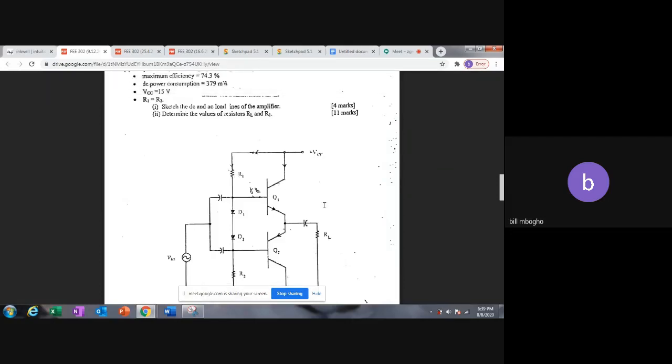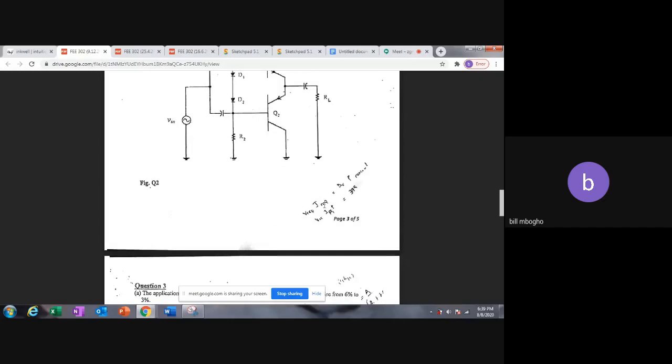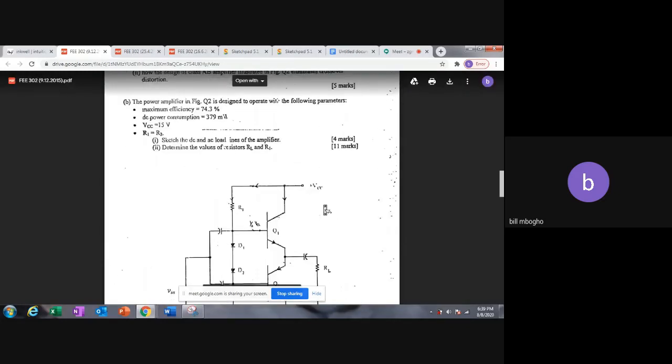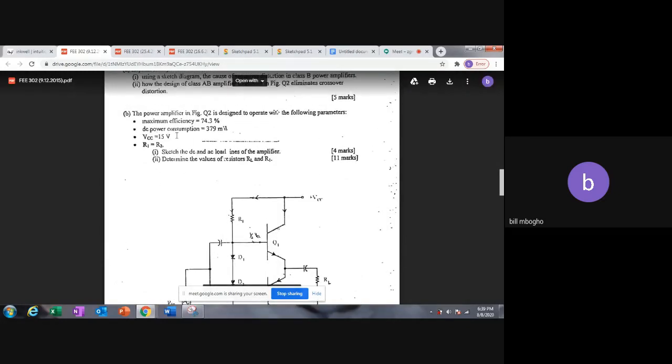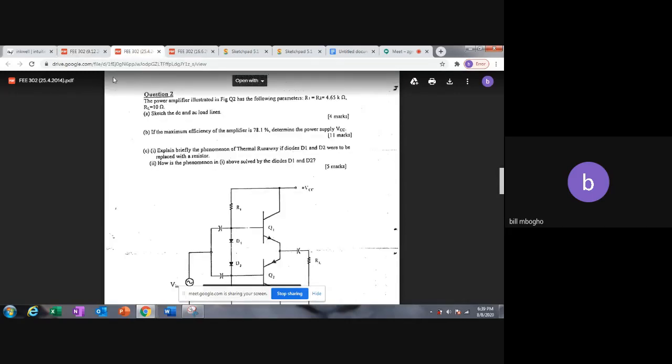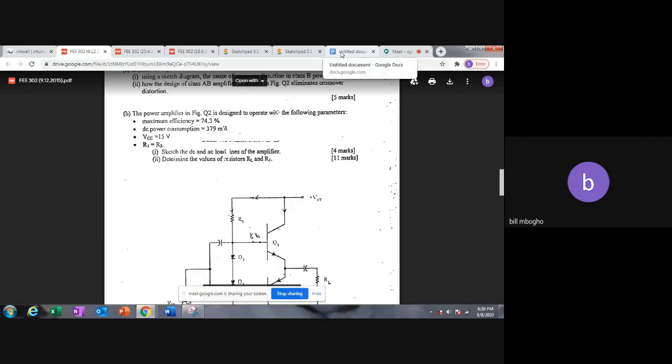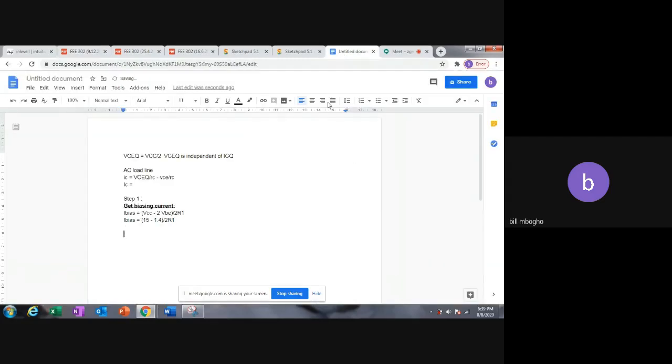We're looking for that. Have they given us more information? They've told us that DC power consumption is that. Okay, that's the next thing we're going to use. The next thing to do, step 2, is get average current.